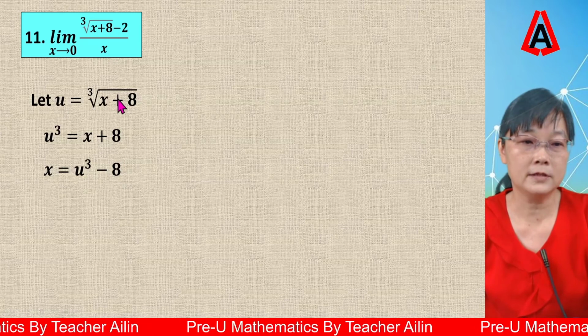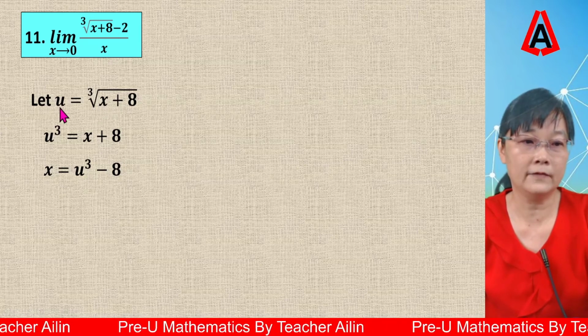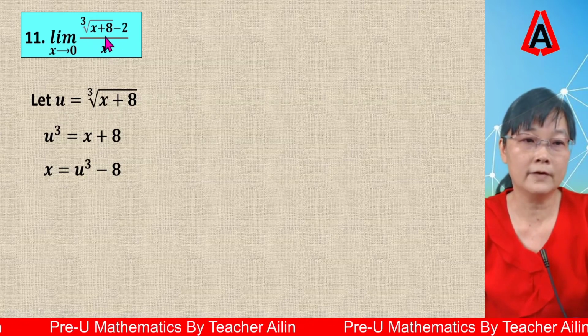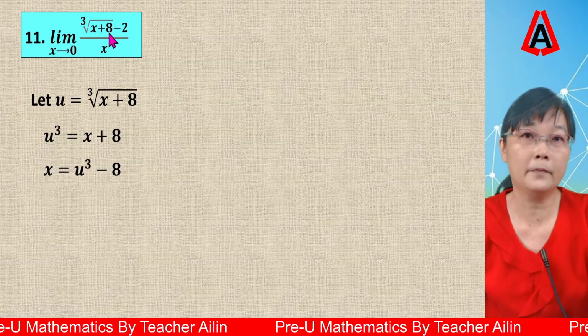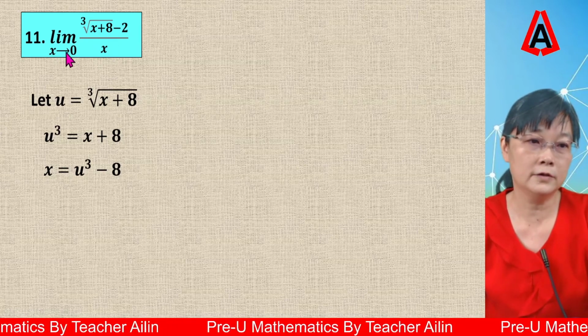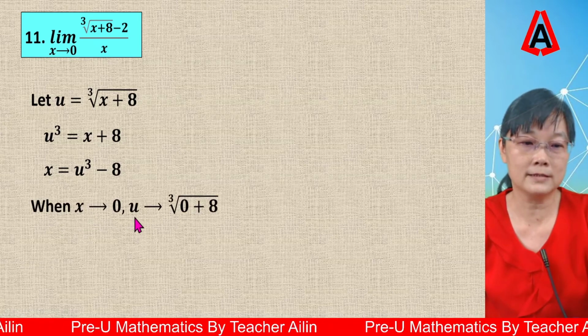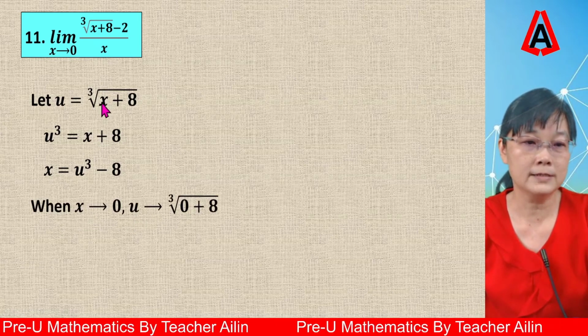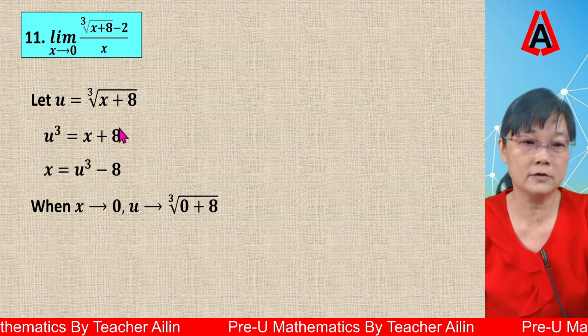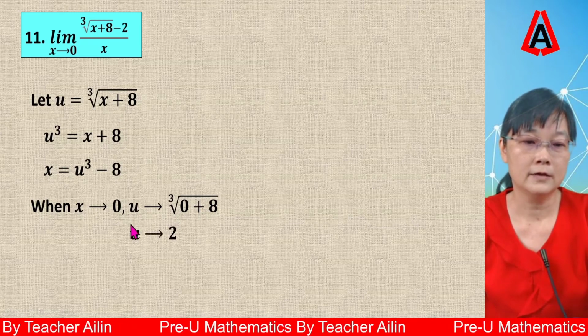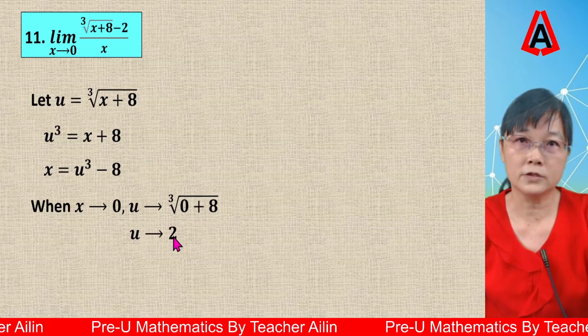When we substitute the variable x with u, it means all the variable x must be replaced with u, including the index here. So when x approaches 0, we simply substitute x with 0. Now we find that u is approaching 2.